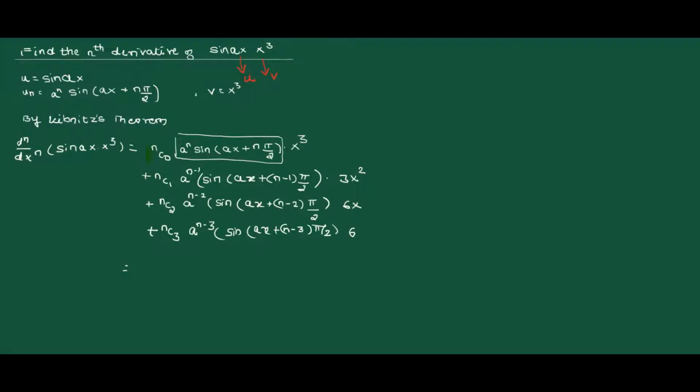Now what is the value of nc0? The nc0 value is 1 only. Next, a raised to n sin ax plus n pi by 2, write as it is.